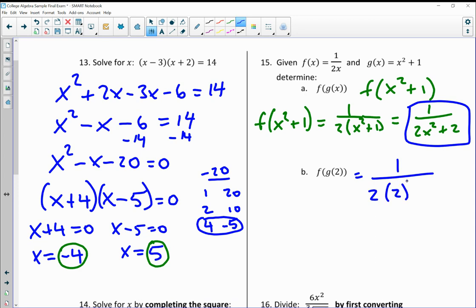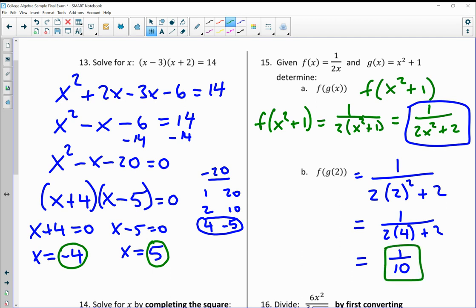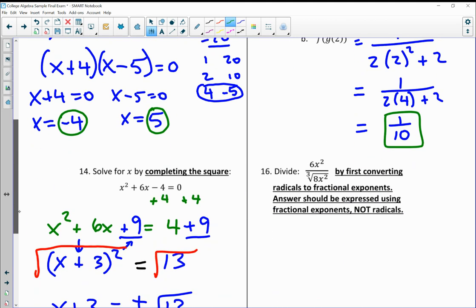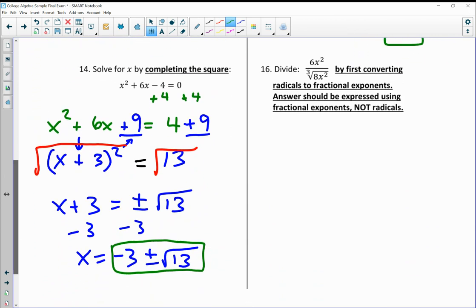So just plug the 2 in there and simplify it. 2 squared is 4. 2 times 4 is 8. And 8 plus 2 is 10. So 1 over 10.